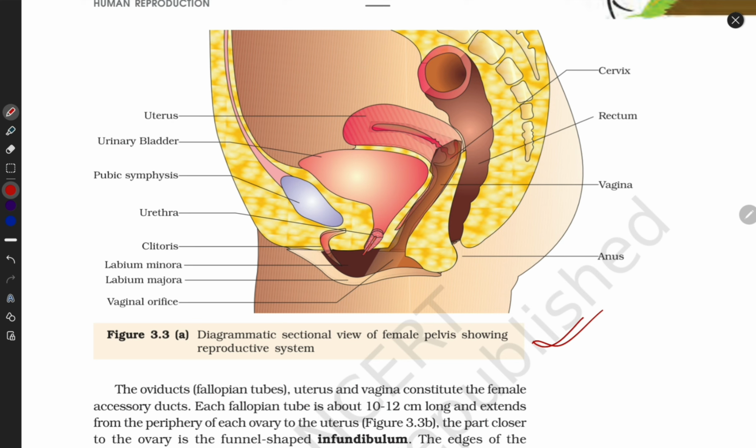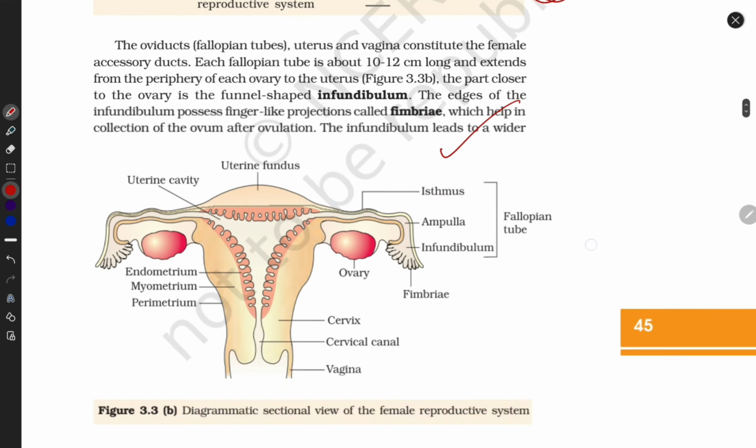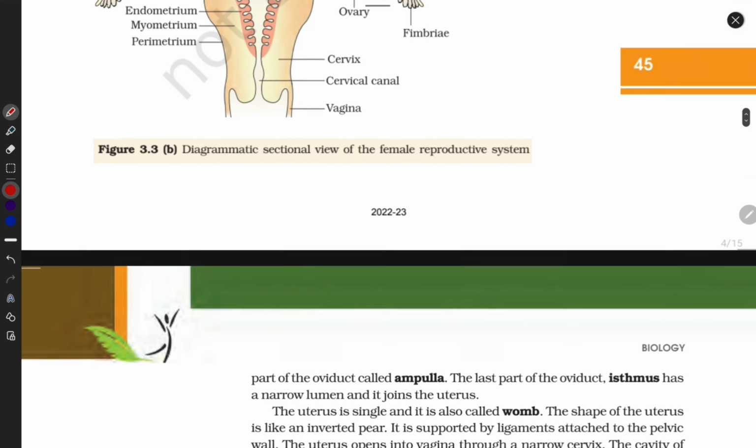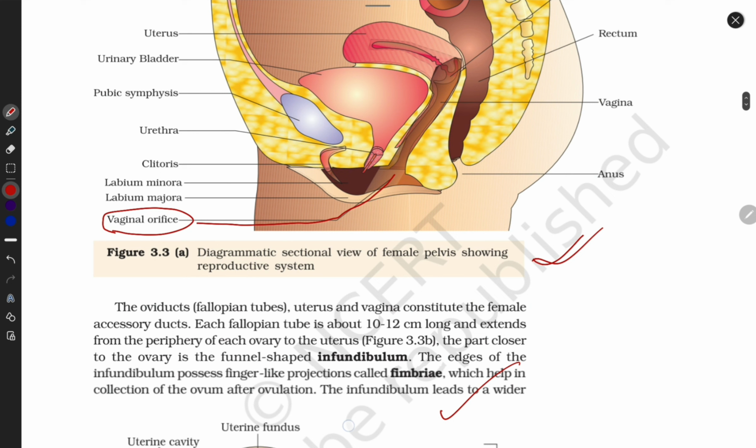One by one I am elaborating everything. This is the vaginal tract. Remember these words, because in these portions we will discuss these things. Take a view here. Where is the vaginal opening? Labia majora, this region is the labia majora.